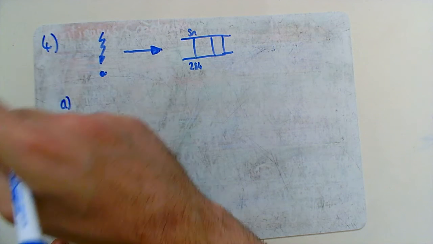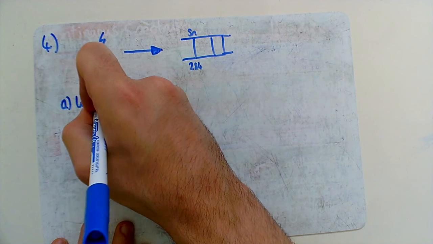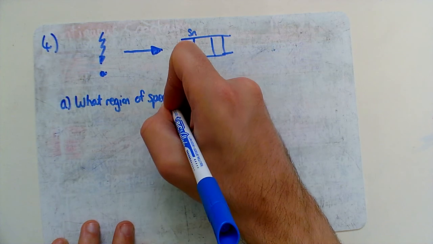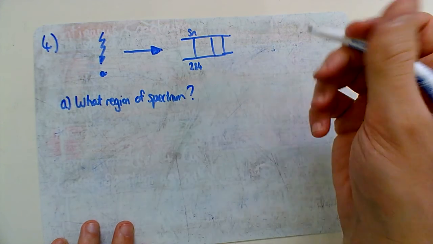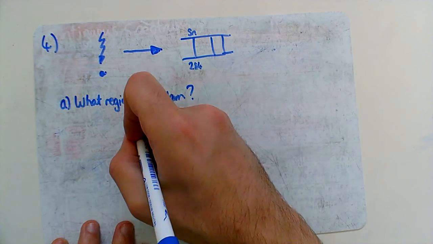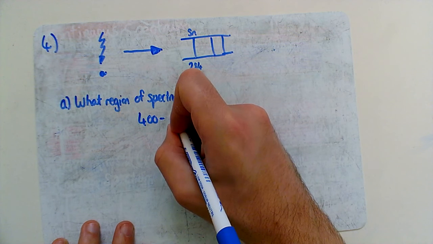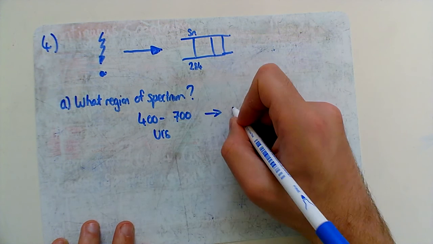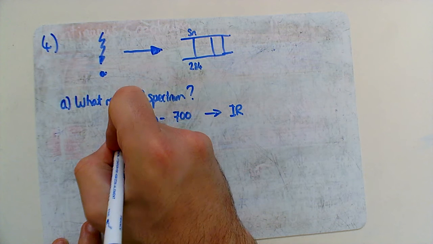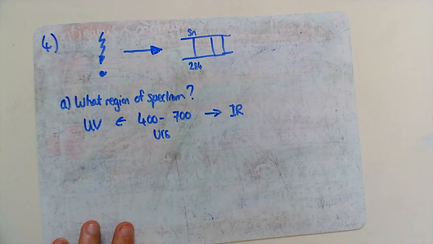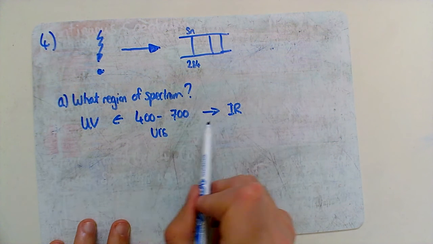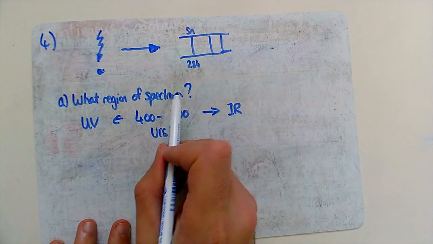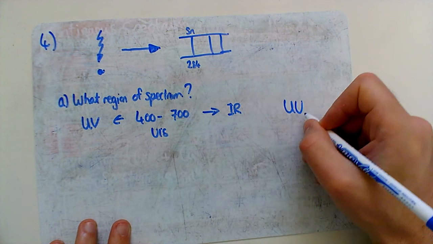The first question was, what region of the spectrum? The rules: 400 to about 700 is visible. On this side, it's infrared. On this side, it's ultraviolet. In chemistry, you'll typically only be working with these three types of radiation. So the answer, because these values were below 400, was UV.